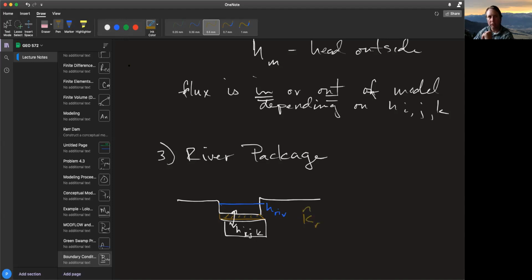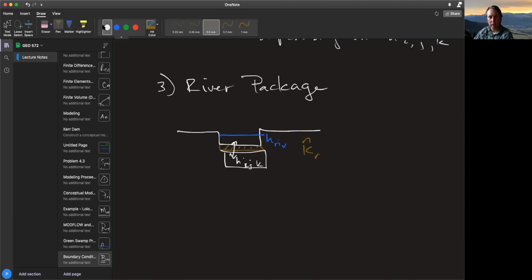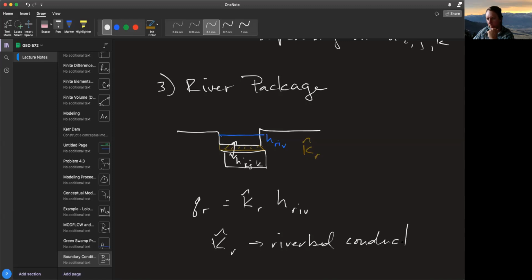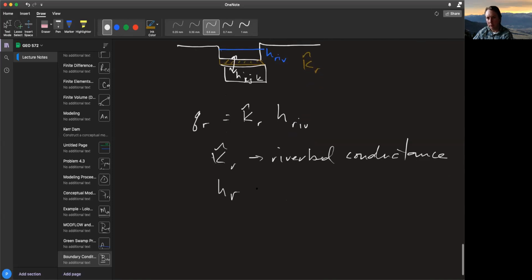So in the river package, Q sub R is equal to K hat R, the conductance of the riverbed, times the river stage, H river. K sub R is riverbed conductance, and H sub riv is river stage.